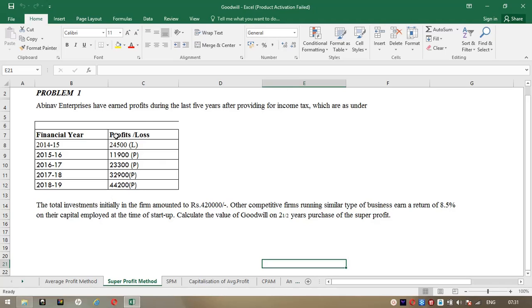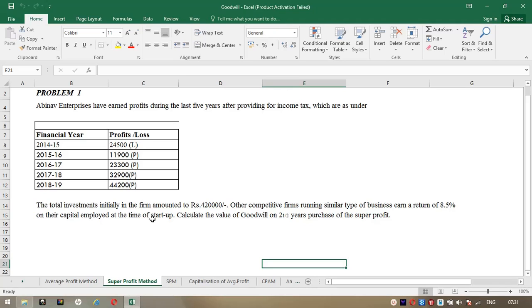We have to consider this for the calculation of average profit. Then the total investments initially in the firm amounted to rupees 4,20,000. Other competitive firms running similar type of business earn a return of 8.5% on their capital employed at the time of startup. So calculate the value of goodwill on 2.5 years purchase of the super profit.